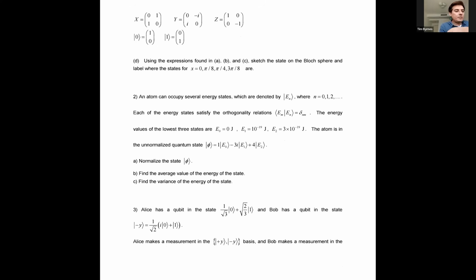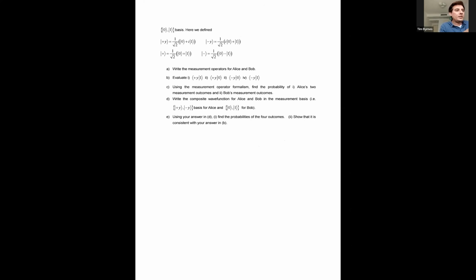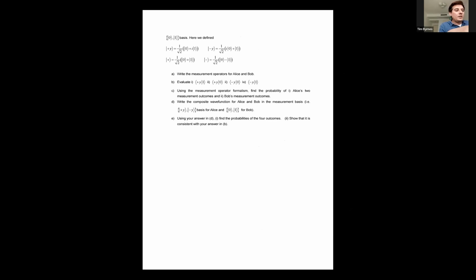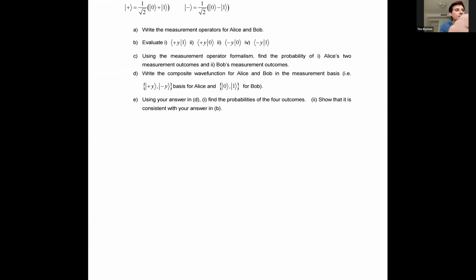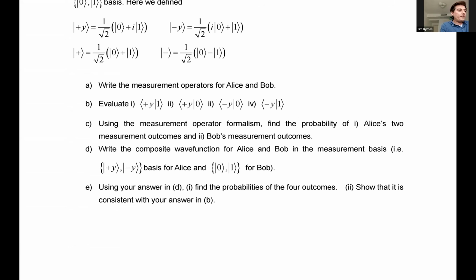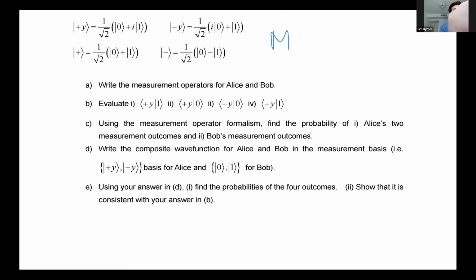So Alice is in the Y basis, Bob is in 0, 1. If you write down the measurement operators for Alice, there are always 2 measurement operators for Alice.